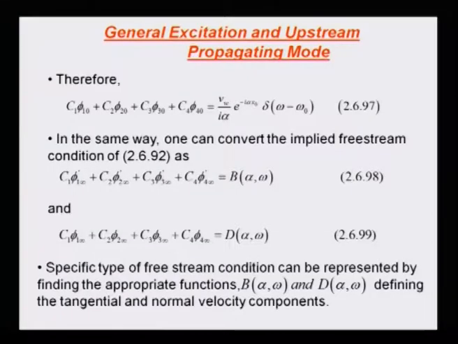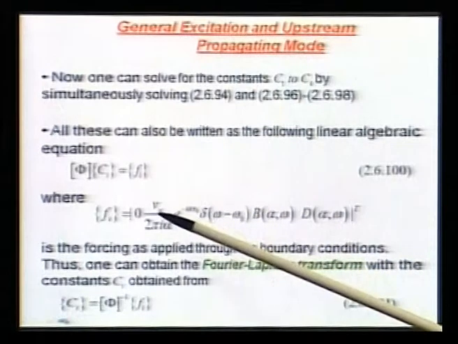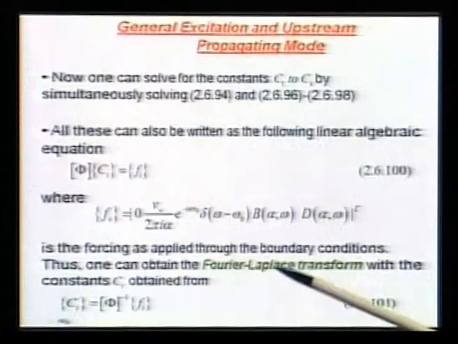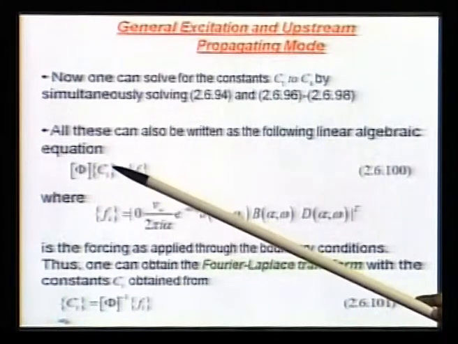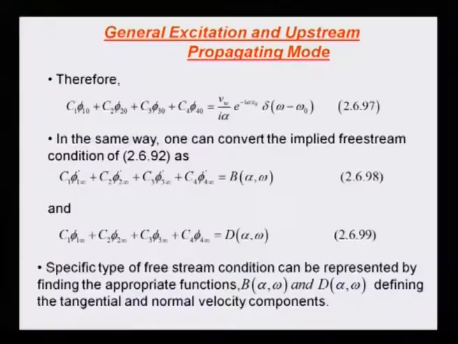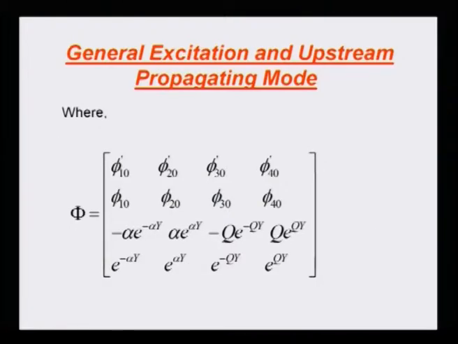What is important, though, is that if these excitations are non-zero, then I can obtain the C vector as phi inverse of this. So, what we are finding once again is very simply this, that the determinant of phi is somehow going to come into play, and the phi matrix was given in terms of the 4 fundamental solutions.